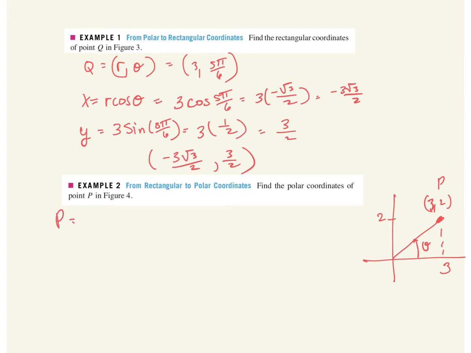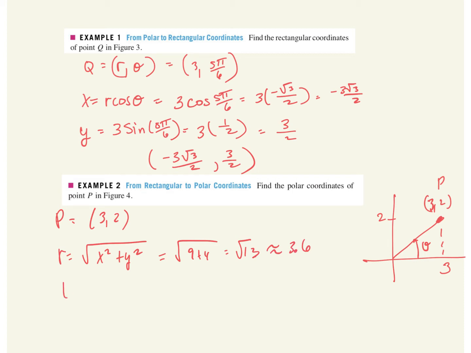So P equals 3 comma 2, then r equals the square root of x squared plus y squared, all coming from Pythagorean. So we have square root of 9 plus 4, root 13, approximately 3.6.